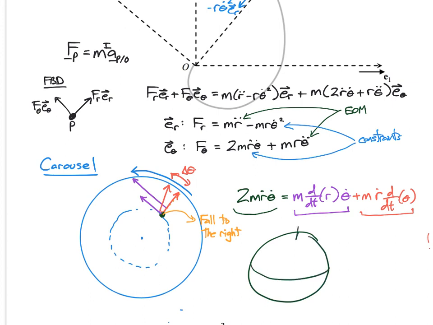So, for example, if we have the Earth with the North Pole, South Pole here, and we have the Northern Hemisphere and Southern Hemisphere, then it's these Coriolis accelerations which help us understand why a storm is going to have a counterclockwise rotation in the Northern Hemisphere and a clockwise rotation in the Southern Hemisphere.